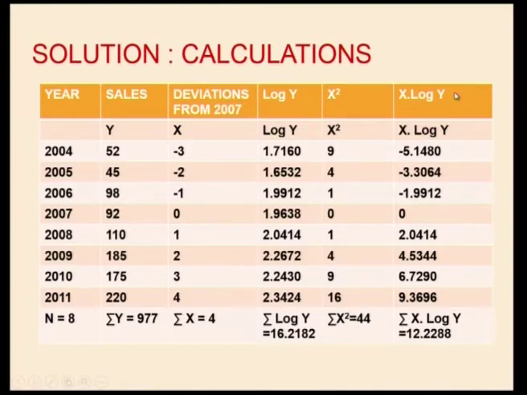Then sigma x log y: multiply each value of x with the corresponding log y. So minus 3 into 1.7160, minus 5.1480. And the last one, 4 into 2.3424, you get 9.3696. If you add, sigma x log y will be 12.2288.